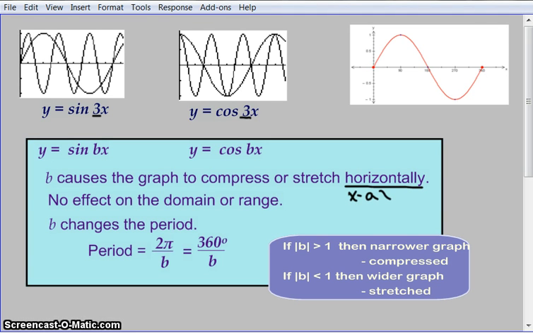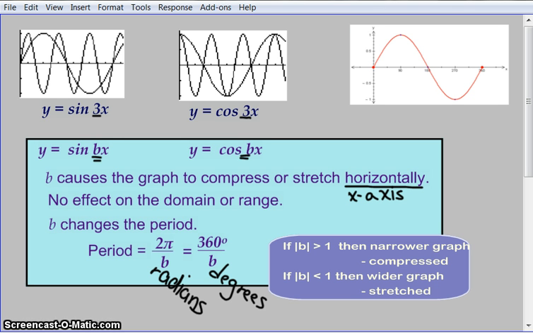So it only changes along the x-axis. It changes the period. How do you find the period? If you're dealing with radians, we do 2 pi divided by whatever that number might be. If we're playing in degrees, then we're going to do 360 divided by whatever that number seems to be.